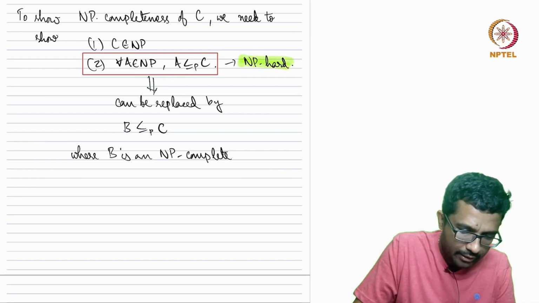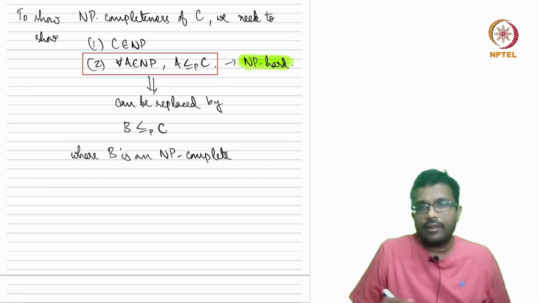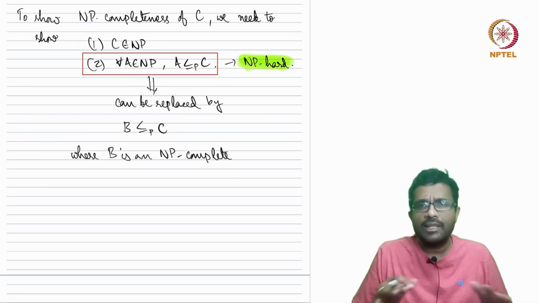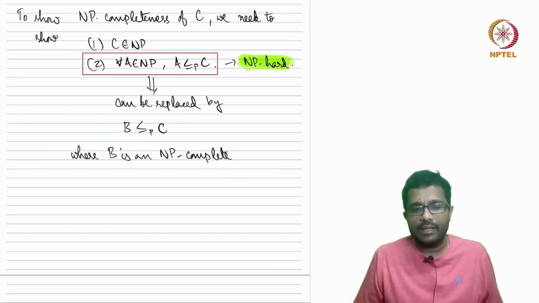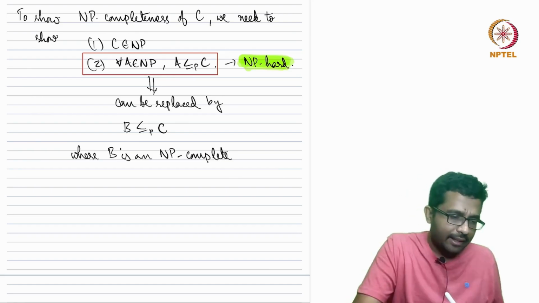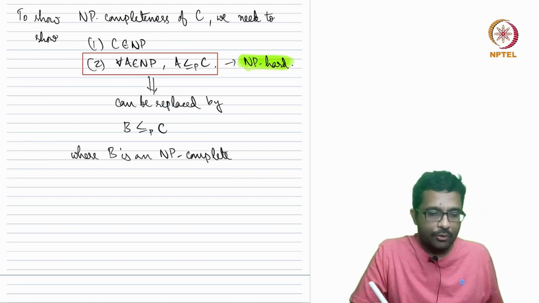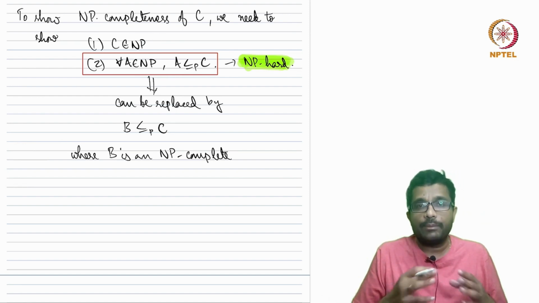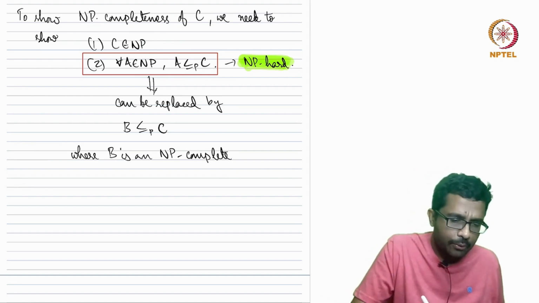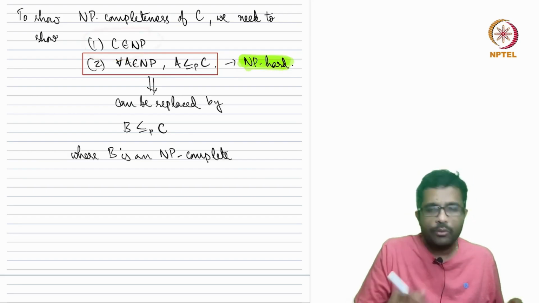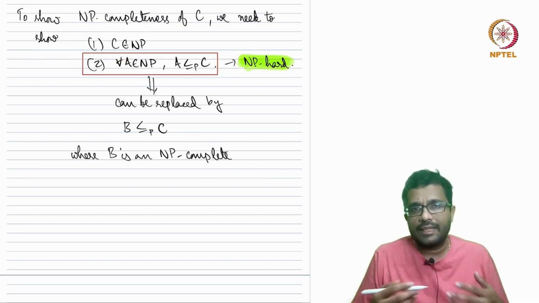So NP hard is usually used in a way similar to or synonymous with NP complete, because usually it is easy to show that something is in NP. So showing something is NP complete usually boils down to the proof of NP hardness, because part 1 is easy, and part 2 is the challenging one.